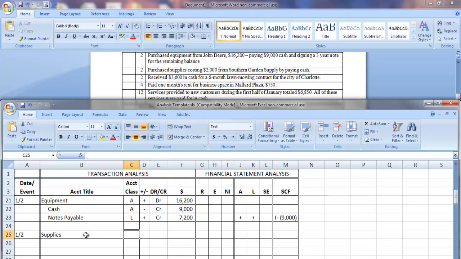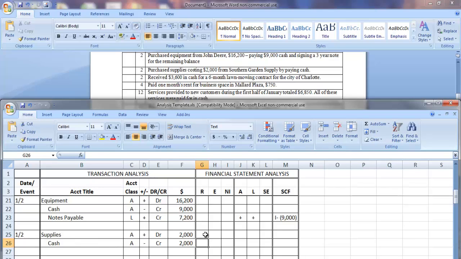Well, once again, it's something we own. It's going to provide us future benefit. So that is an asset. We've increased our supplies by $2,000. How did we pay for those supplies? We paid cash. So we need a credit to cash for the same $2,000.